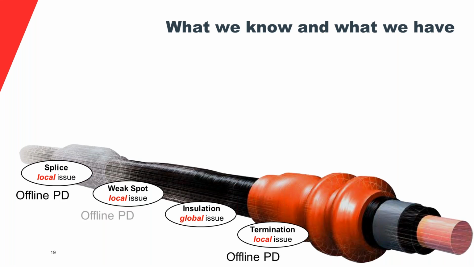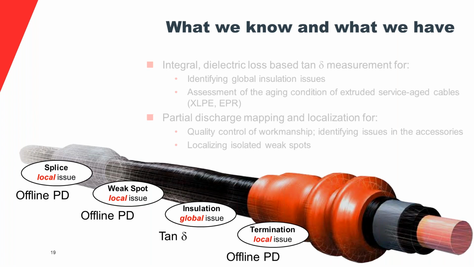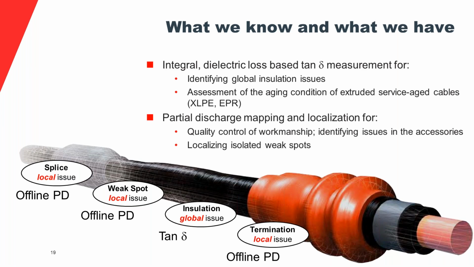And then in terms of methods, for all of these local issues, you can use PD testing, because PD testing can also localize the faults. And for the global degradation, the aging, you only have tan delta. Just let me emphasize this again. These two tests are complementary.